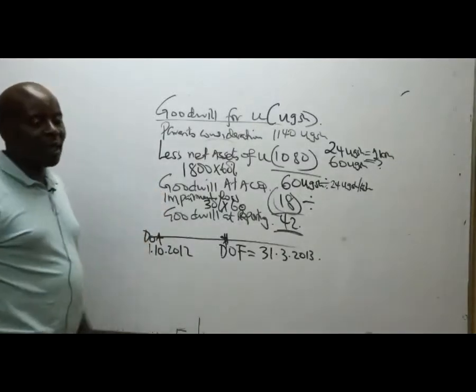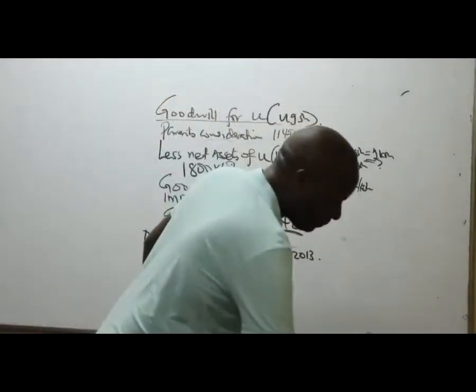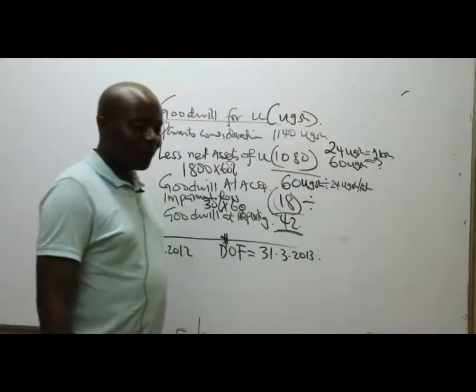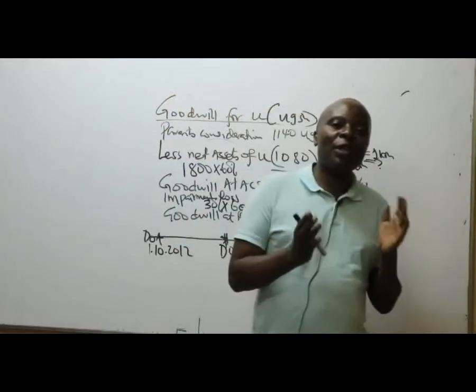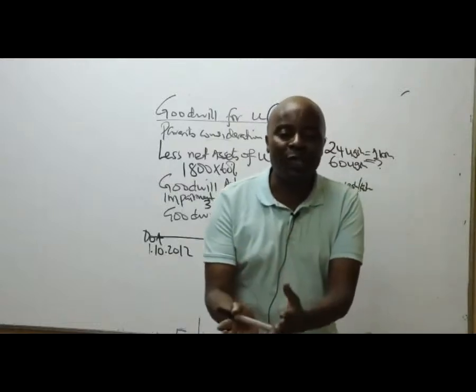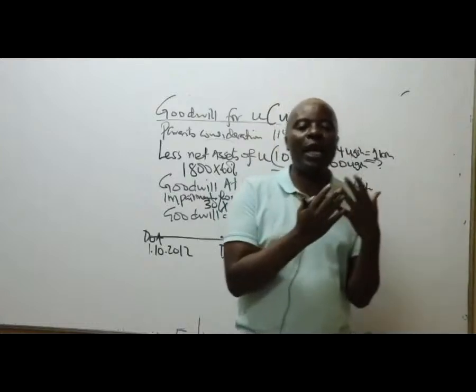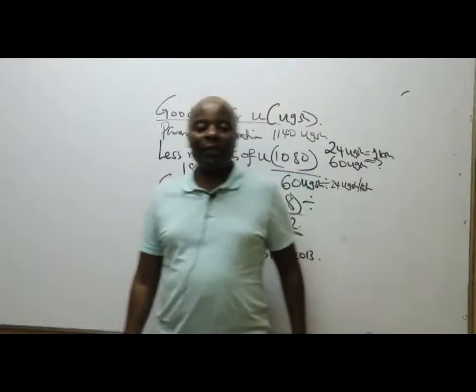These are 6 months. So then it can only be prudent for us to use the average exchange rate for 6 months to the end of the year, because this asset was only ours for the last 6 months.